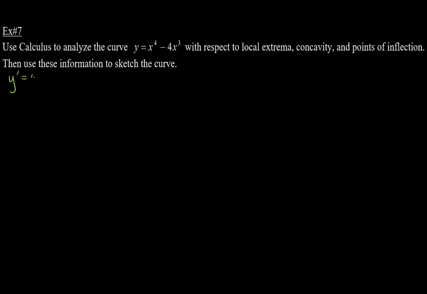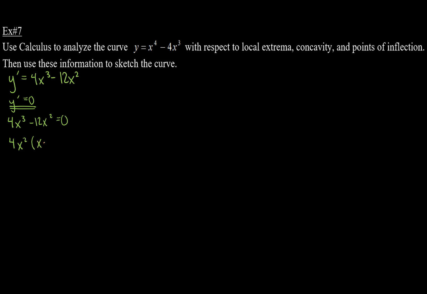Find y prime first. 4x cubed minus 12x squared. I want to find where y prime is equal to 0. And it exists everywhere, so I don't have to worry about that part. So 4x cubed minus 12x squared equals 0. I'm going to factor out a 4x squared.